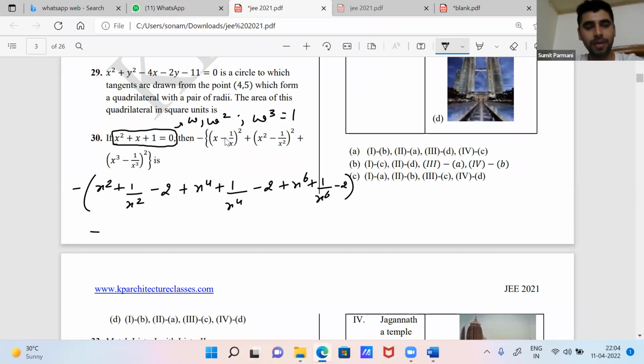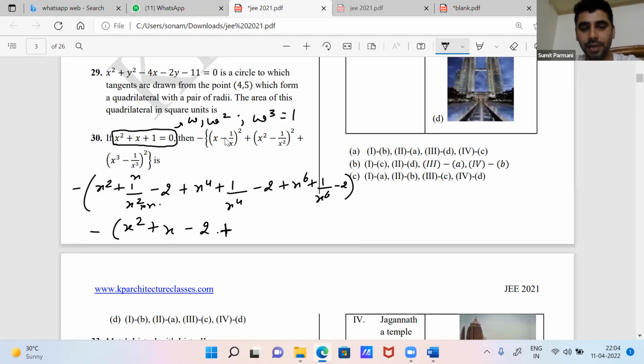See, this can be written as x square, this can be written as x. In place of omega put x, so x, x square, x cube is 1. Put x here and put x here, so this will be x cube.